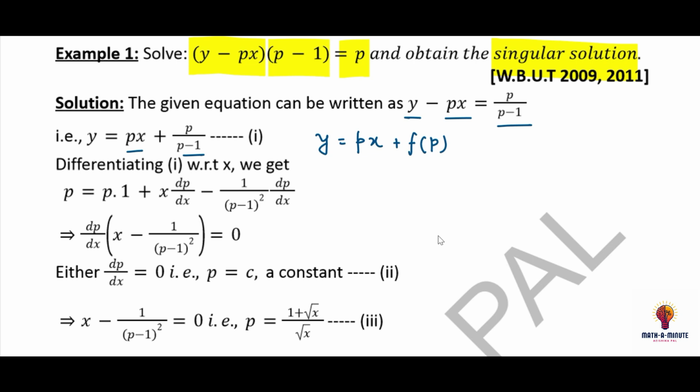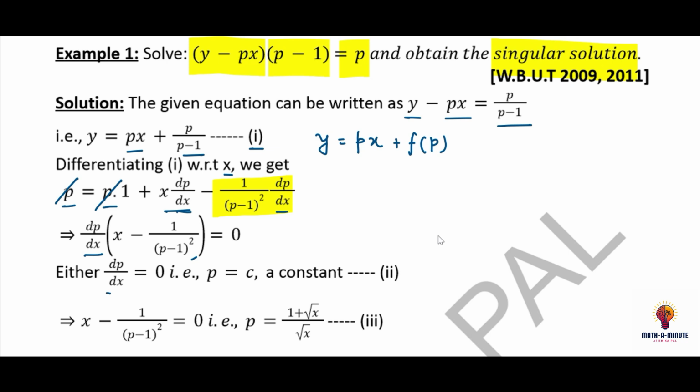So if we differentiate equation 1 with respect to x, it will be p equals p plus x dp/dx minus 1/(p minus 1) whole square dp/dx. Okay, so from both sides, this p will cancel out, and if we take dp/dx common, it will be dp/dx times (x minus 1/(p minus 1) whole square).